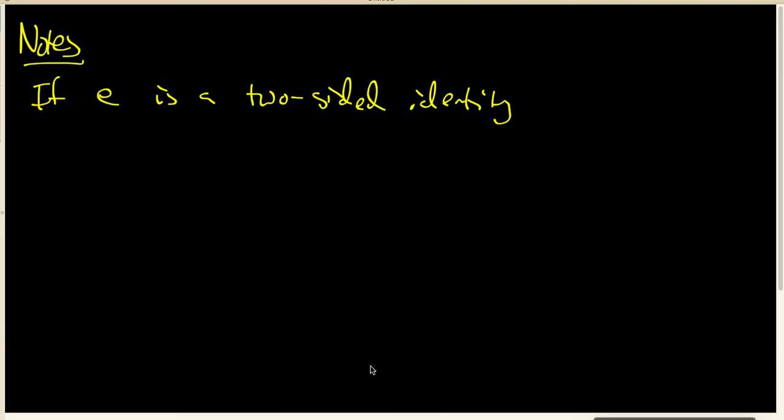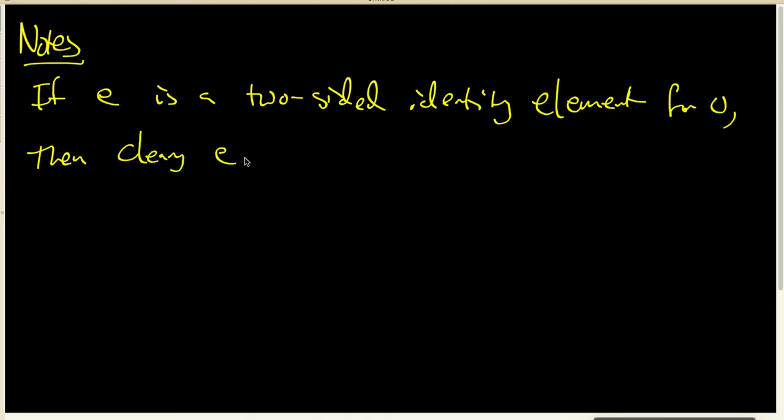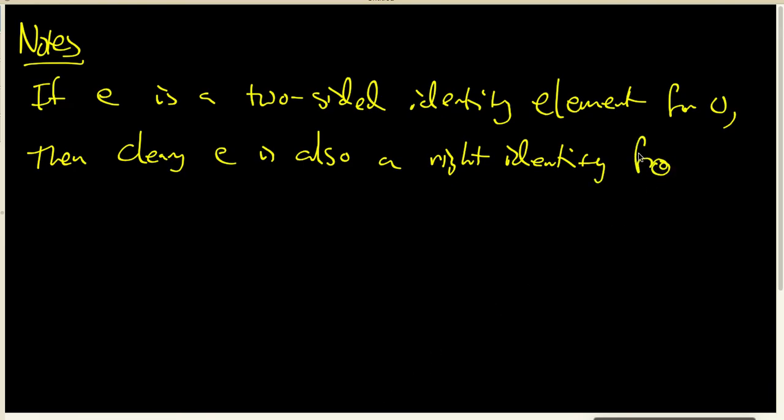If E is a two-sided identity element for triangle, then clearly E is also a right identity for our operation triangle.